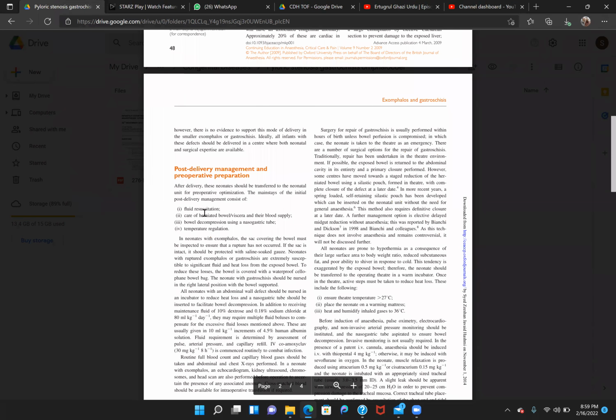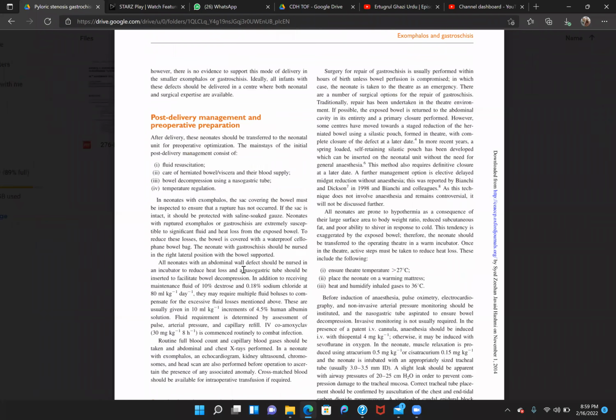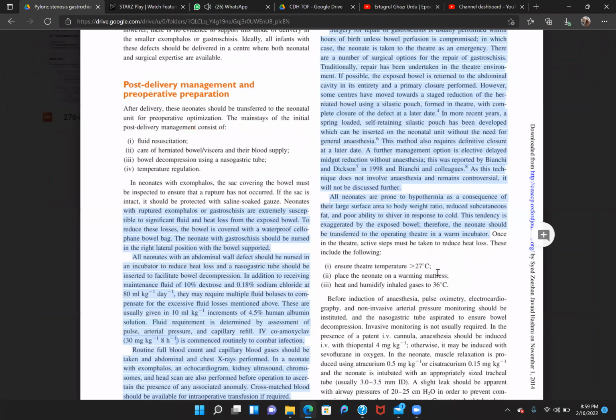The same things we have already discussed: fluid resuscitation, care of the herniated bowel, decompression with an NG tube. Nitrous should be avoided. About nitrous, there are two groups of anesthetists in the whole world.